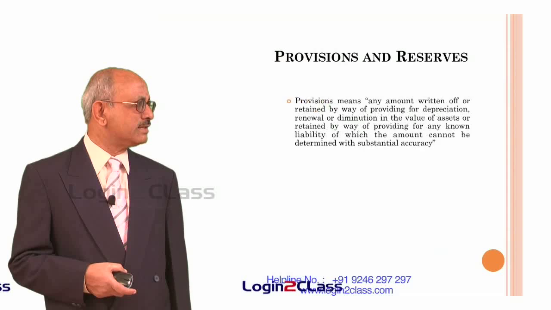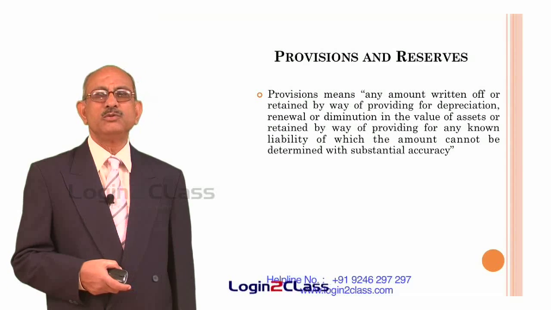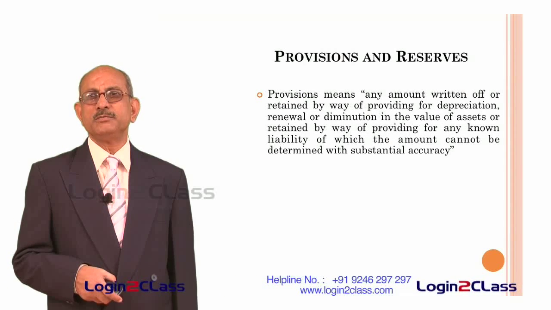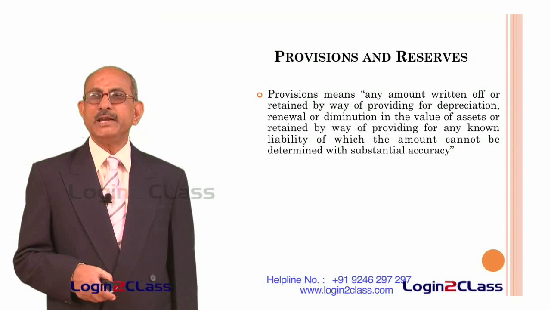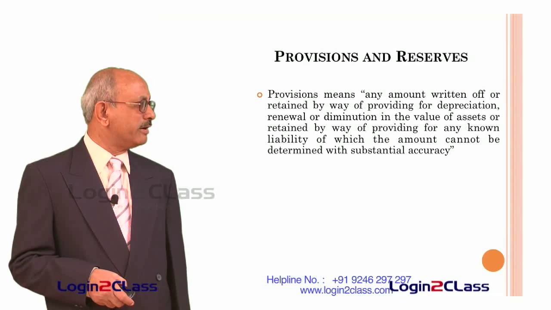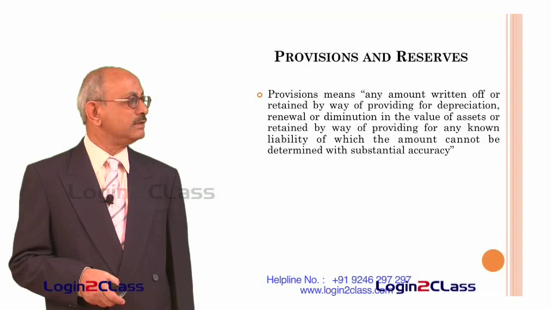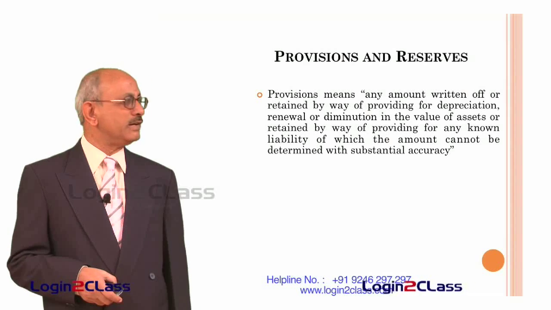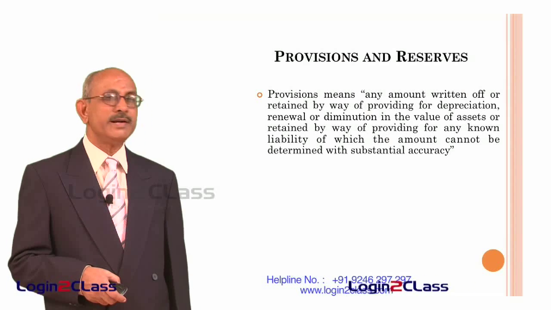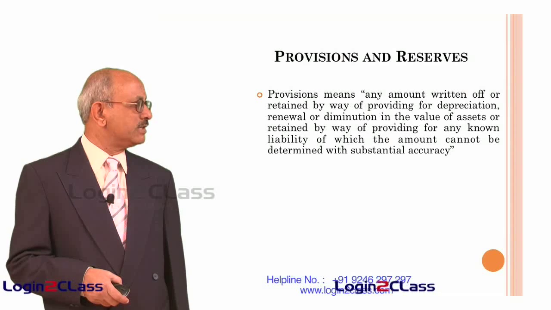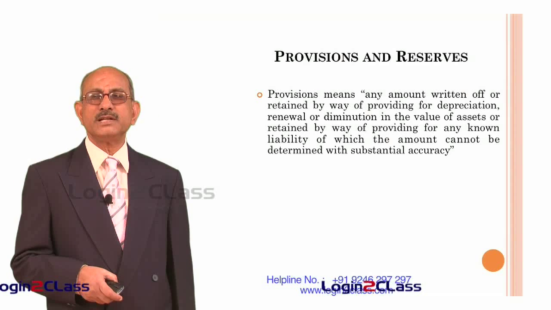And in the case of provisions and reserves, we have to find out the difference between the two. Provisions are any amount written off or retained by way of providing for depreciation, renewal or diminution in the value of assets, or retained by providing any known liability of which the amount cannot be determined with substantial accuracy.